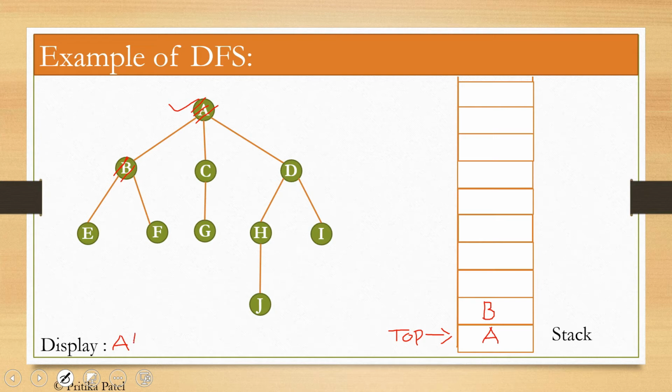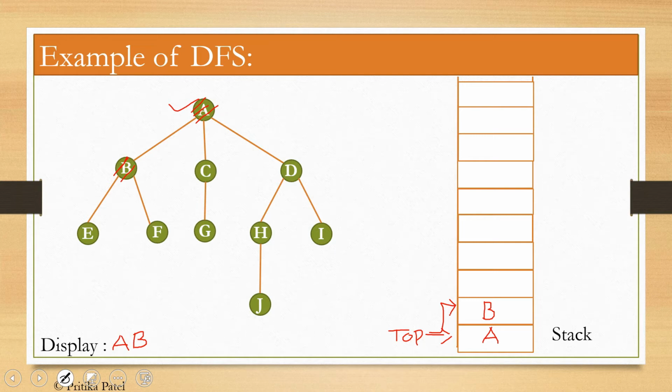So here we display B. Now again check the stack top. Now B has become the top of the stack. So the topmost element of the stack is now B. Now check whether B has an adjacent unvisited vertex.